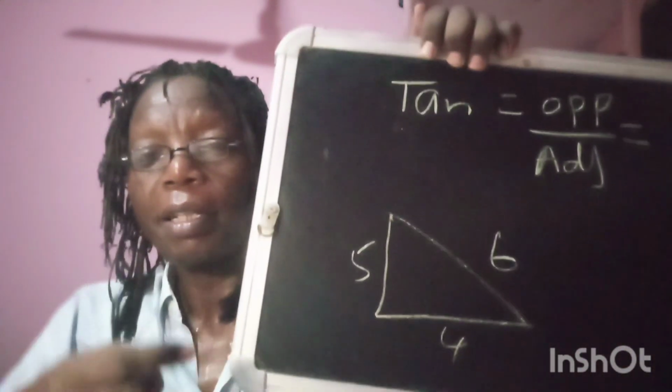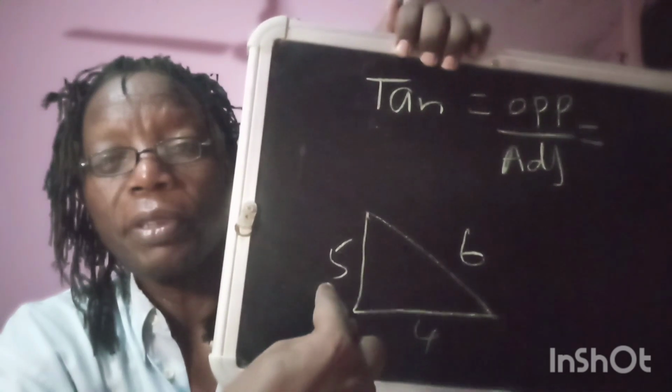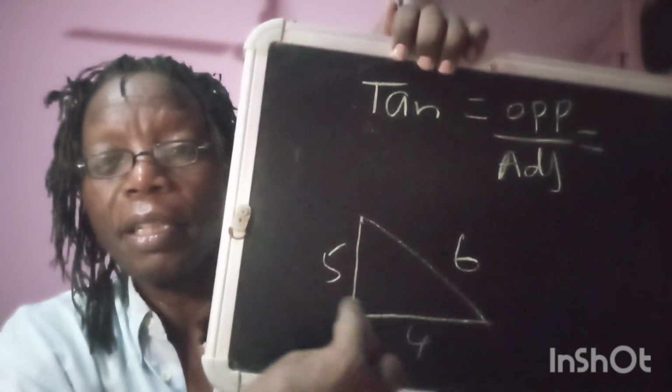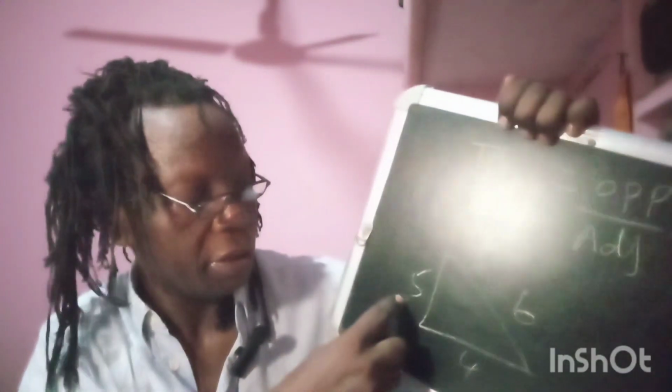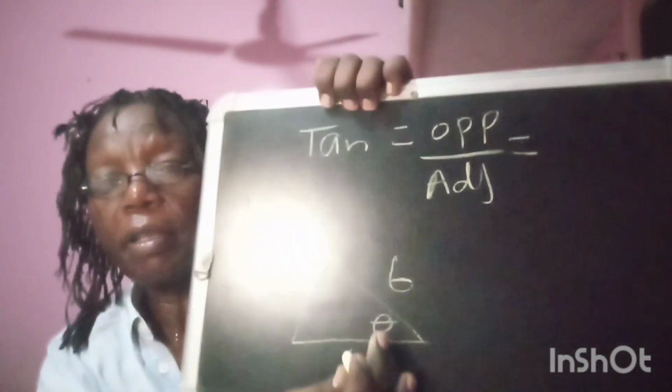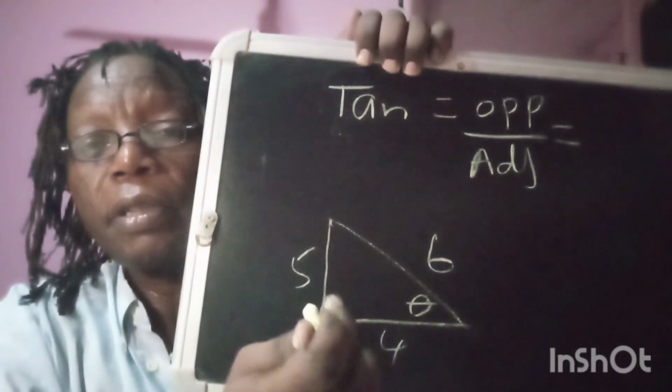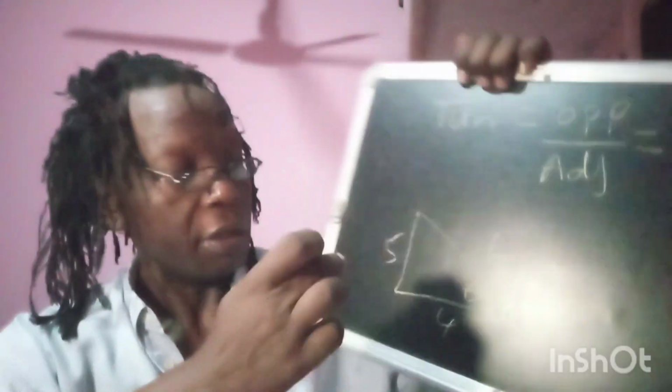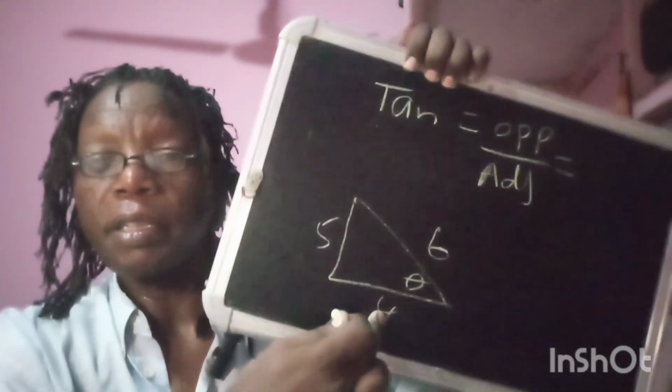tangent. Tangent is opposite over adjacent. Now you know what's opposite. According to this it is 5, and we have the angle theta here. Opposite over adjacent, and opposite is 5, adjacent is 4. So tan theta is going to be opposite over adjacent, which is 5 over 4.